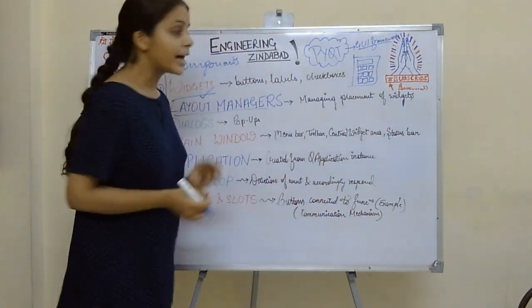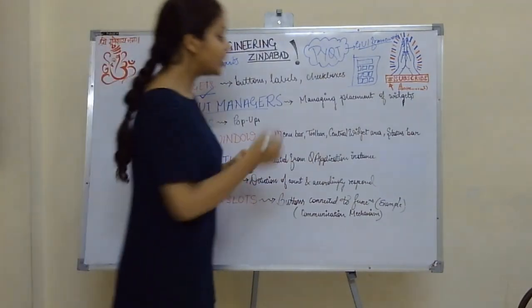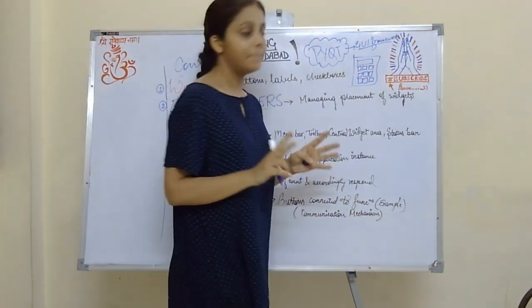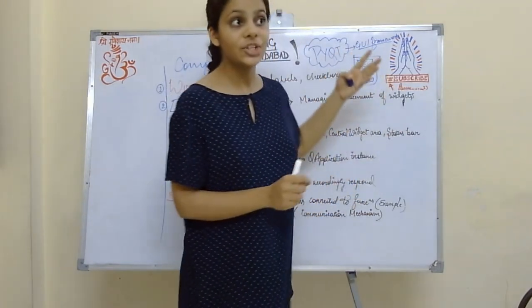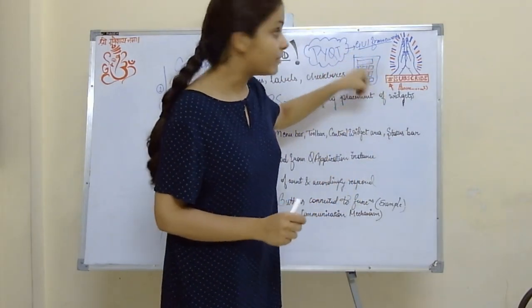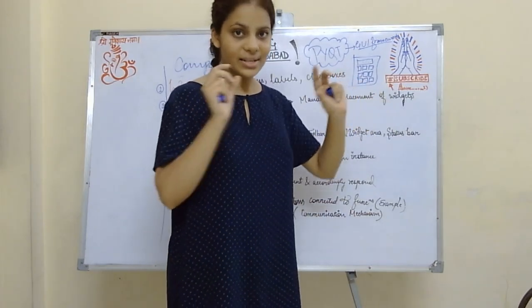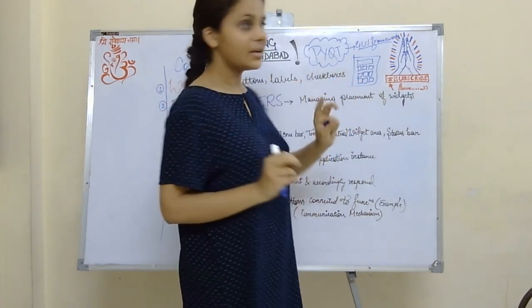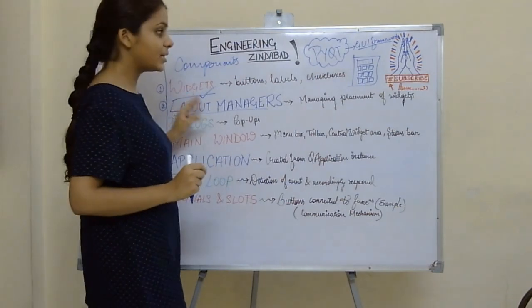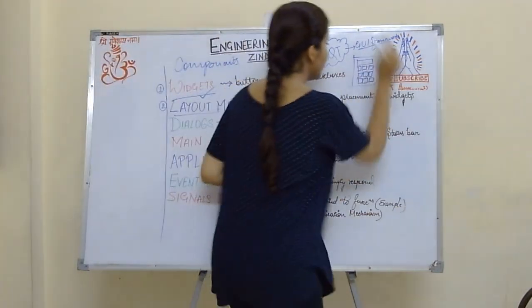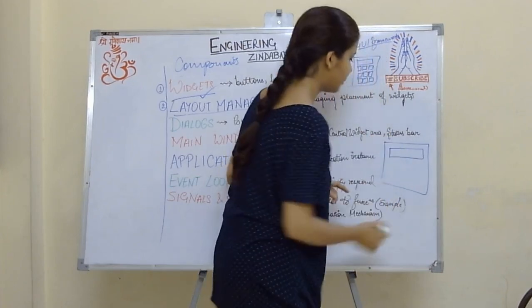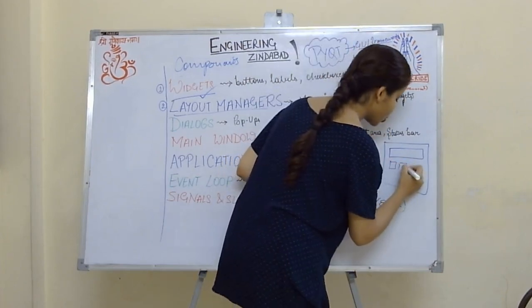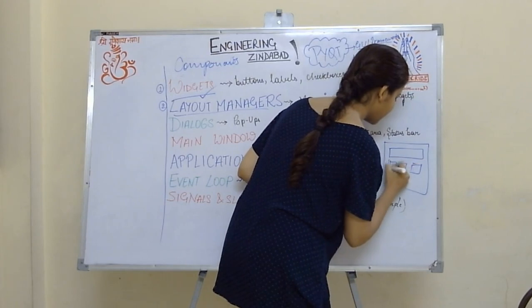Now, what are layout managers? The second concept is the layout manager. The alignment, the fashion in which these widgets are aligned, is decided by the layout managers. In the calculator that we have taken, there comes a label and below it should come these buttons.